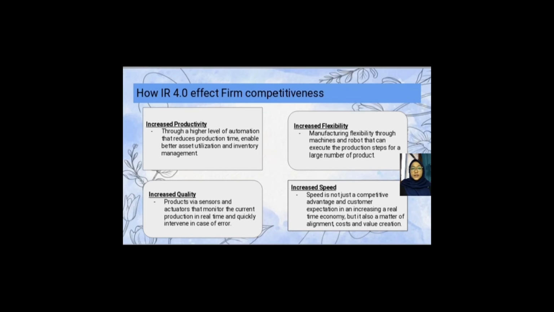Speed is not just a competitive advantage and customer expectation in an increasingly real-time economy, but also a matter of alignment, cost, and value creation. This means firm competitiveness becomes more effective with the existence of IR 4.0. So we can see a lot of benefits we can gain from IR 4.0.